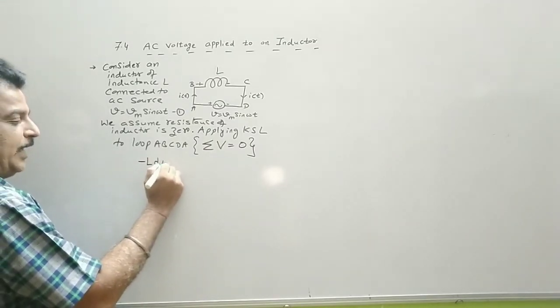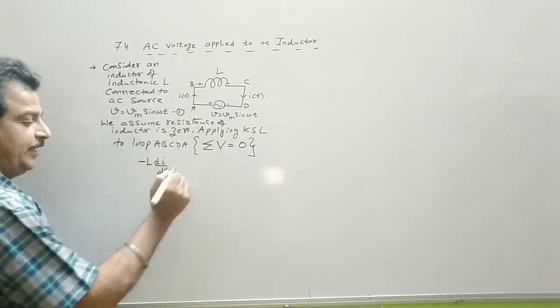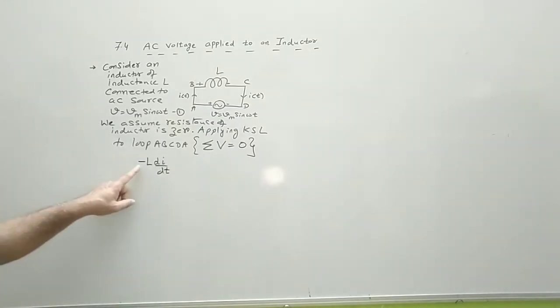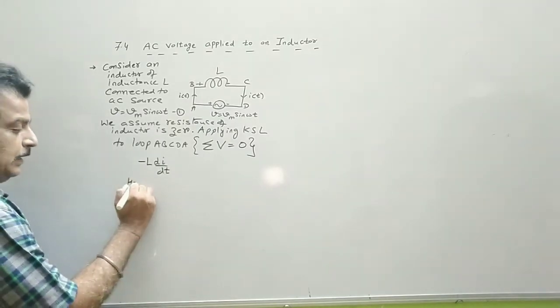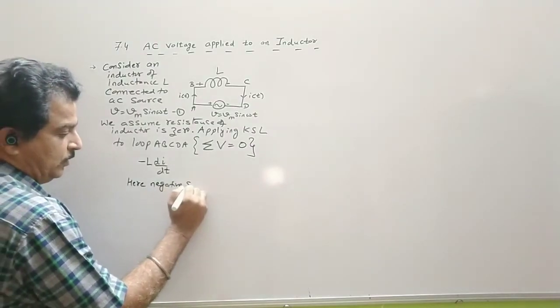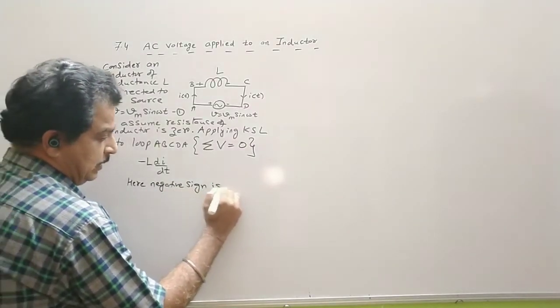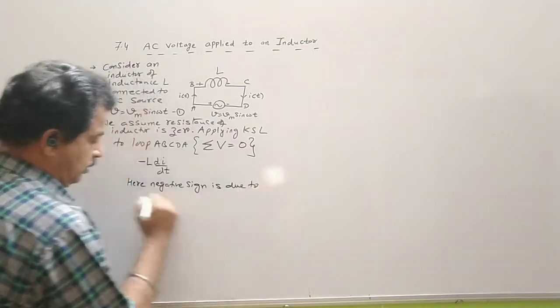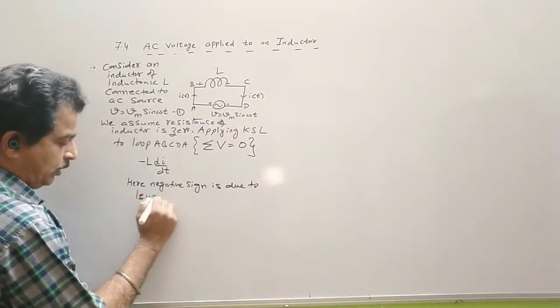So minus L di by dt. Here the negative sign is due to Lenz's law.